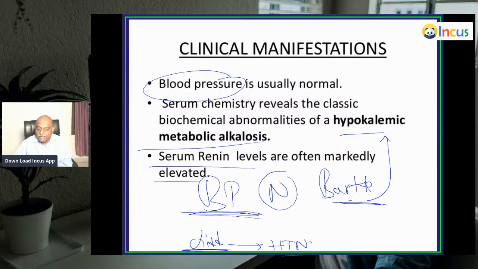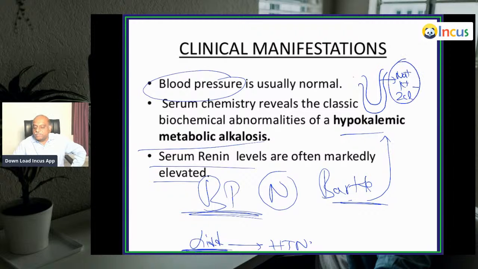So it is like a chain of events you should understand by now. In the ascending limb of loop of Henle, the sodium potassium 2-chloride channel is defective. Because of this defect, the amount of chloride touching the macula densa decreases. Because of that, the macula densa produces excessive prostaglandin. Because of that, there is increased renin.